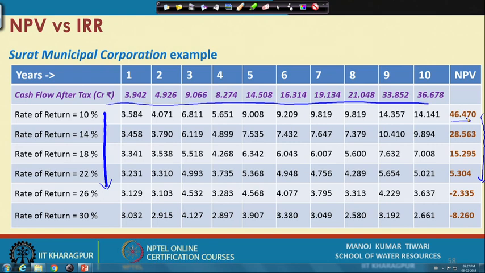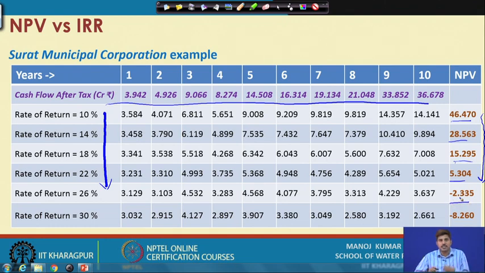Then at 14% it is falling down to 28, at 18% around 15, at 22% around 5, and at 26% it is actually turning negative. So, if my rate of return is 26%, the net present value of the project is negative, and if my expected return is of the order of 26%, one should not recommend the investment in this particular project.